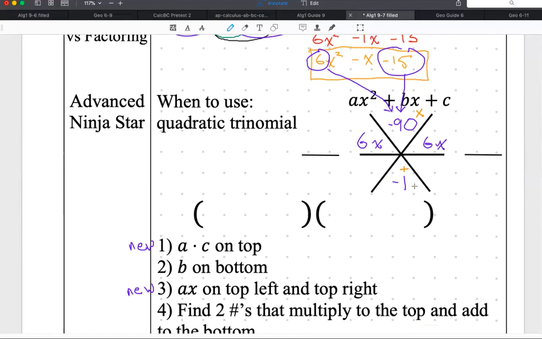I almost did. Does anyone know what times what multiplies to -90 and also adds to -1? You can either say yes or raise your hand in the chat. Well, I can't open the chat for some reason. I guess it's not the chat, it's the participants. So at the very bottom, is there a button that says participants?